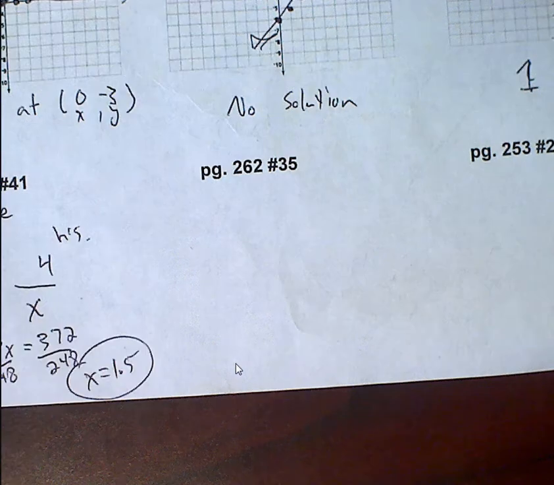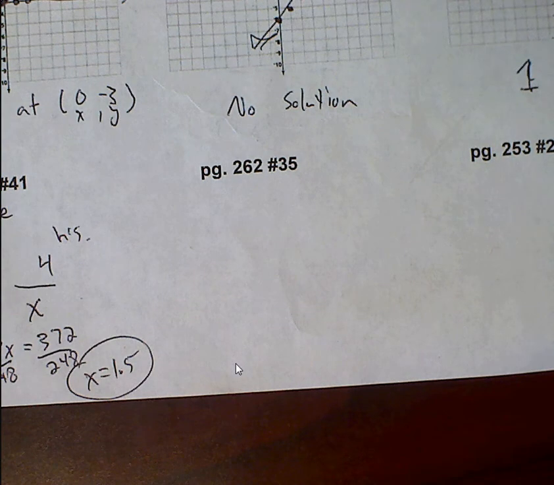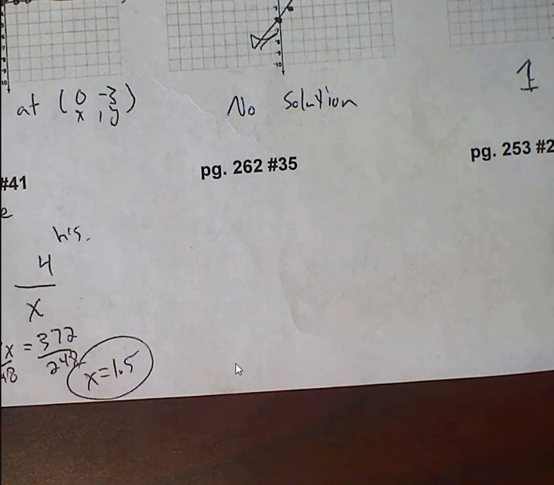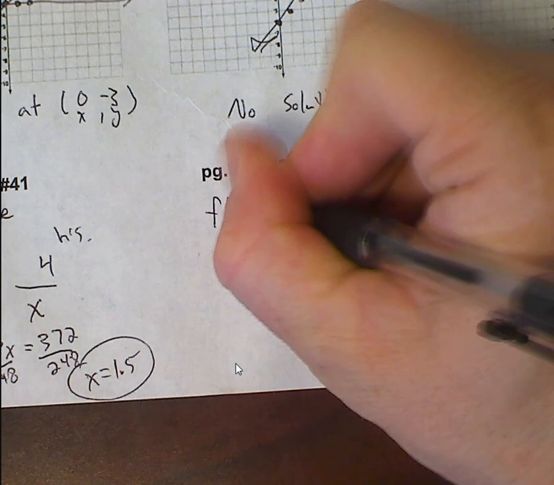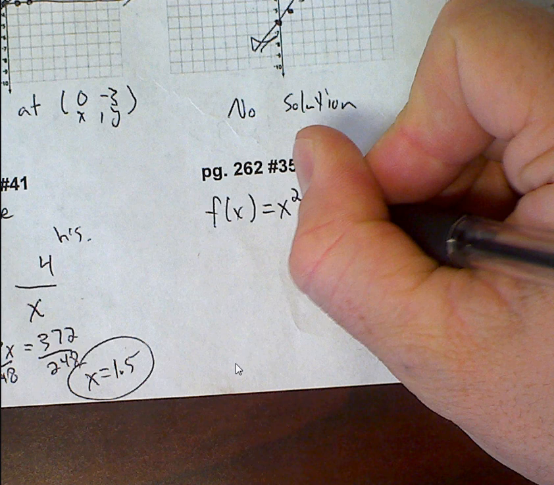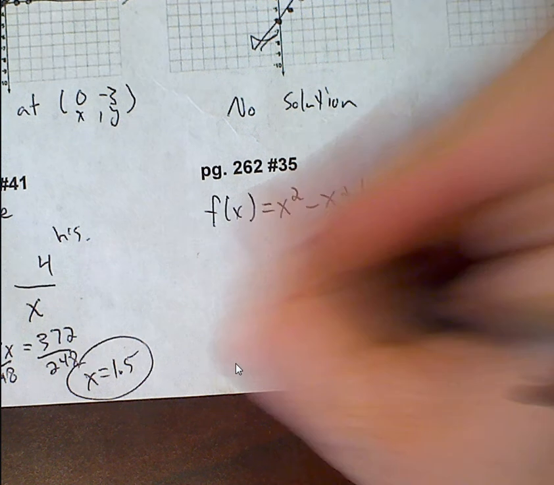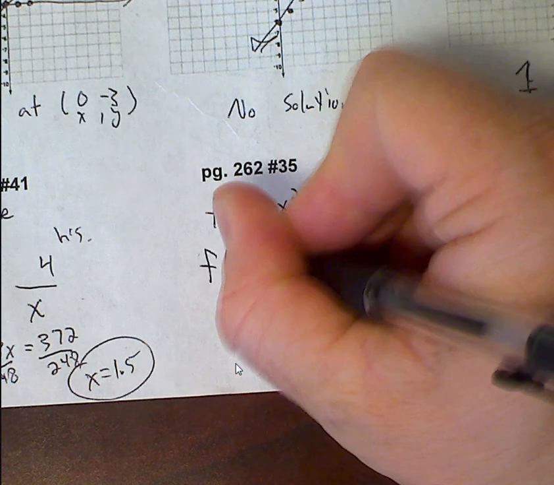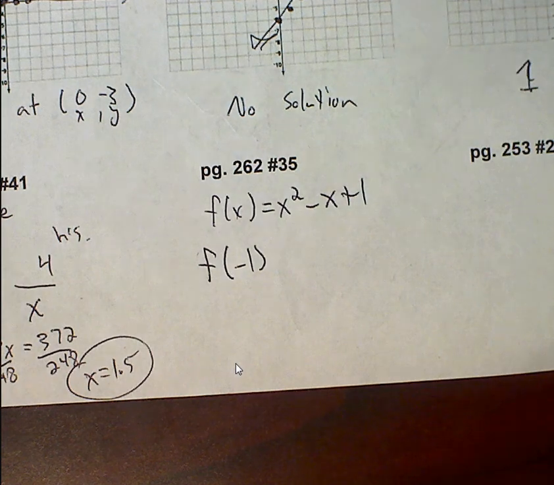Page 262, number 35. This is where I'm given f of x equals x squared minus x plus 1, and I have to find f of negative 1. Go ahead and pause the video and try.